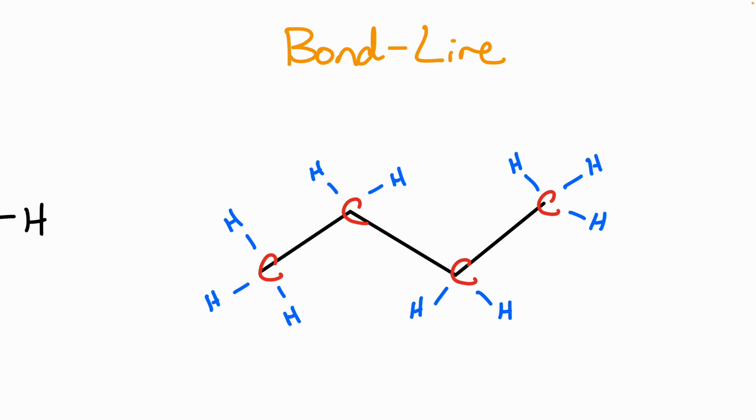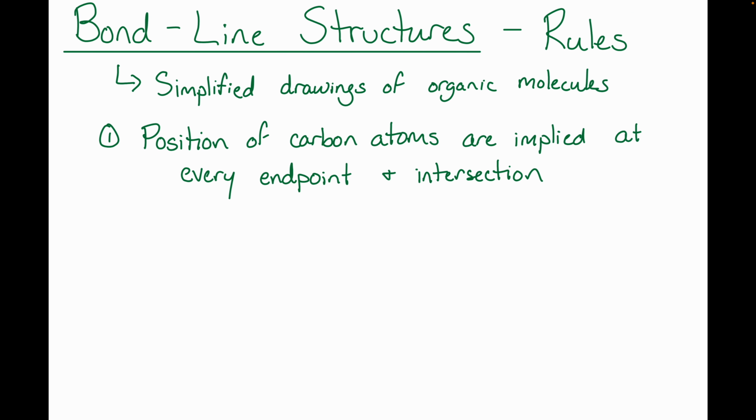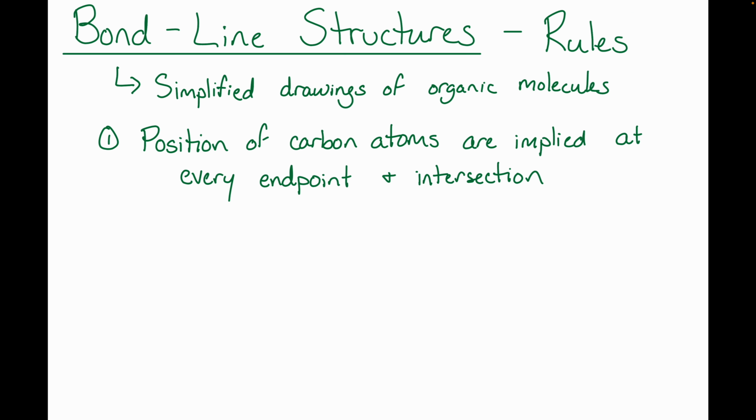All right, so in our bond line structure, the carbons and hydrogens are implied in that line structure. The carbons are at all endpoints and intersections. The hydrogens you fill in just to make sure all of your carbons are happy. Okay, so let's just say we said the position of carbon at every endpoint and intersection.